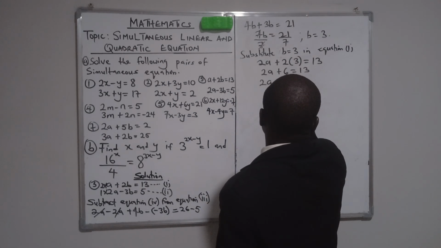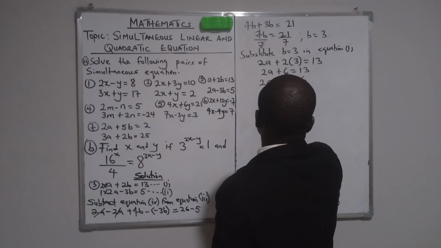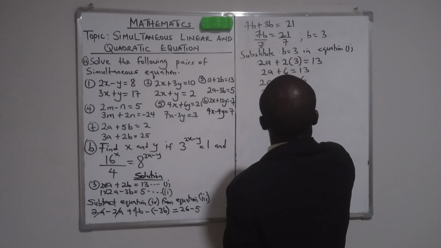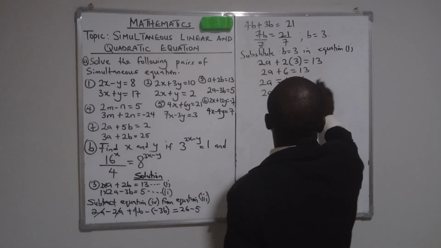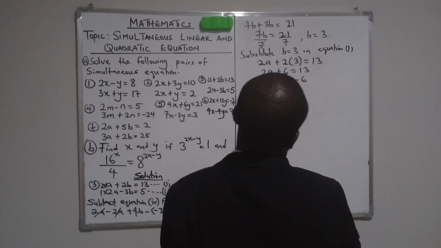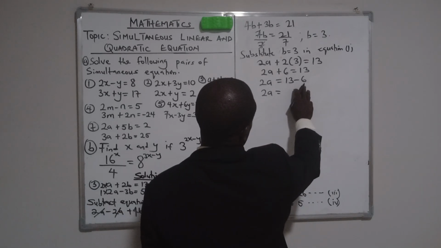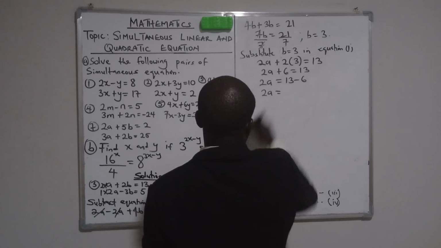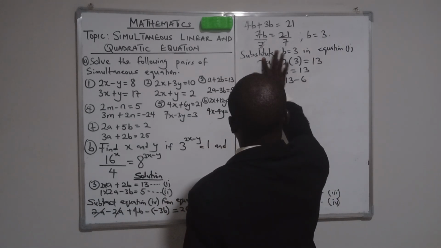We're having a equals 13 minus 6, which is 7.